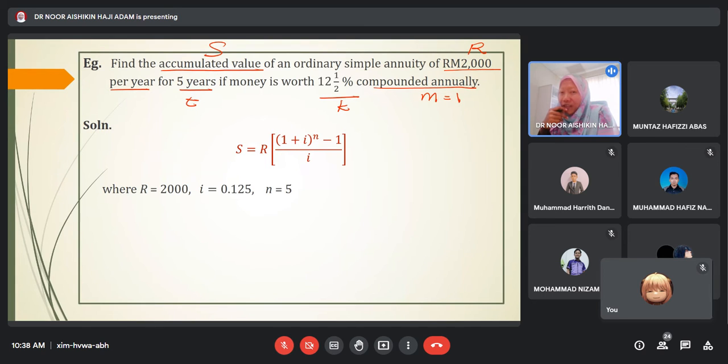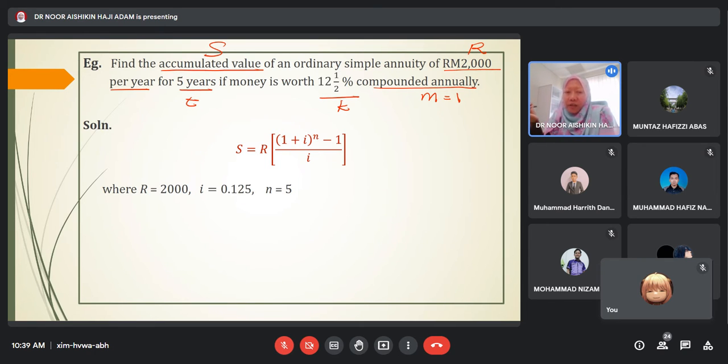Kan? 25 over 2%. 12.5, isn't it? 12.5% is equivalent to 0.125. N equals 5. Kenapa N equals 5? Tadi kita kata T yang equals 5. Because N equals T times M. Your M is 1. So that's why in this case N equals T aja, which is 5.